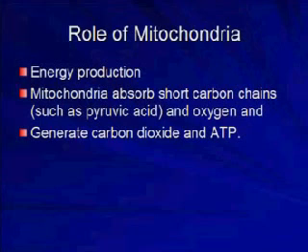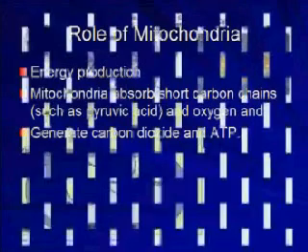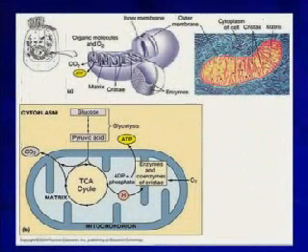The 3-carbon sugar, pyruvic acid, is then moved into the mitochondria where it goes through a process referred to as the Krebs cycle, the TCA cycle, tricarboxylic acid cycle, or the citric acid cycle. It generates, in the presence of oxygen, carbon dioxide and ATP, adenosine triphosphate, which is a very powerful energy source in the body. This illustration taken from your book shows you those basic steps.